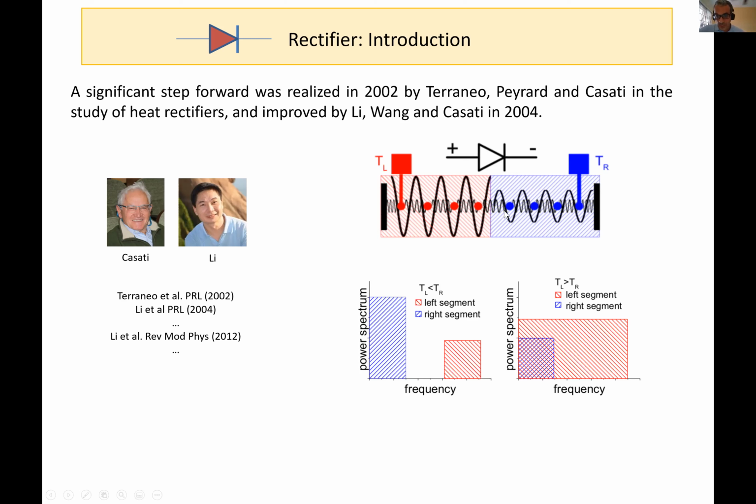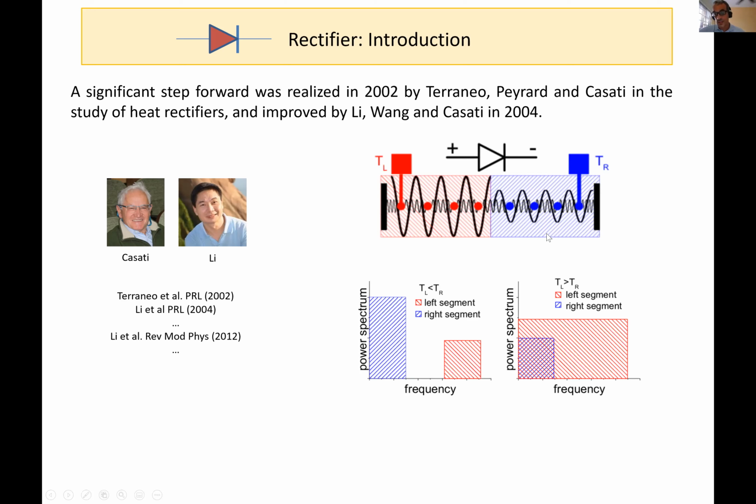Depending on the nonlinearity in the systems, you could have, for example, for the red portion, at low temperatures, for T left less than T right, only a high frequency response because of the particular nonlinear structure that you have on the left-hand side. But as the temperature increases, you can have more and more low frequency response, which overlaps with the power spectrum of the right-hand side.